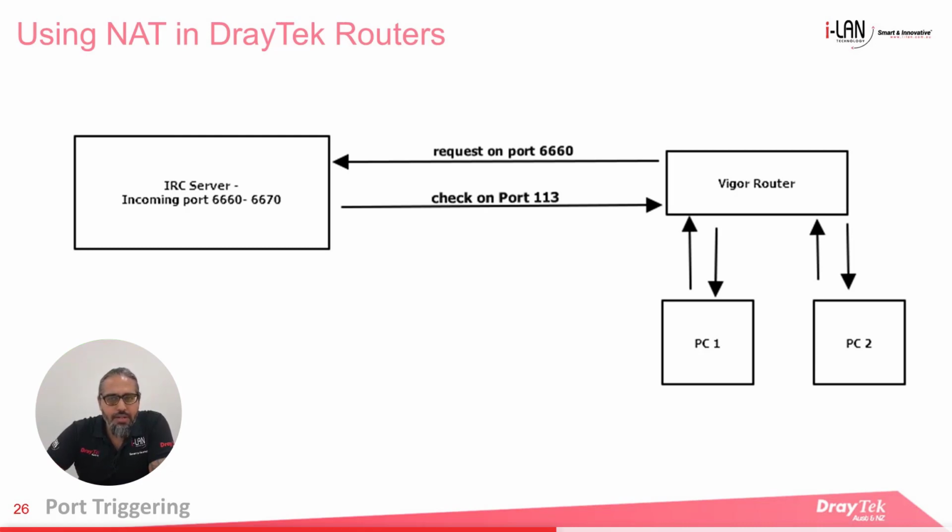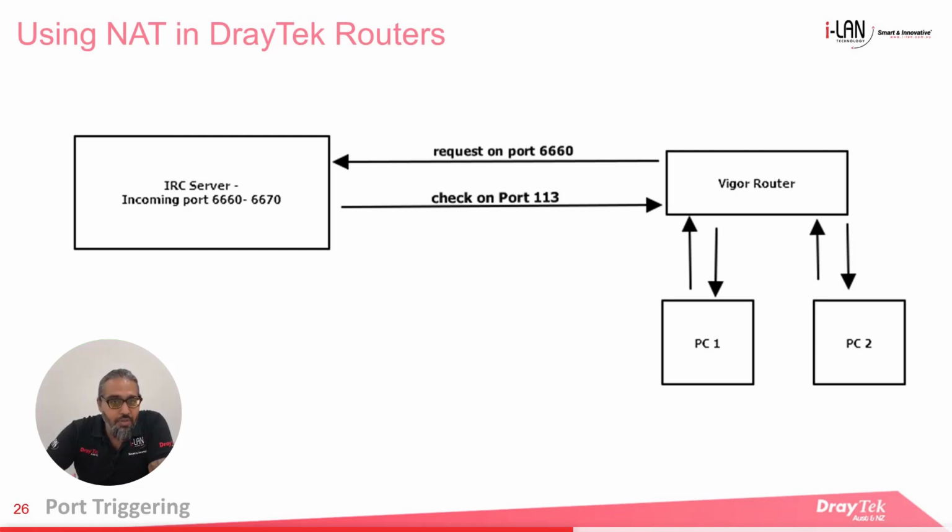When you log into IRC, you typically connect to the IRC server at a port in the range 6660 to 6670. To verify your username, the IRC server replies and makes a new incoming connection to your computer on port 113. This doesn't work if you're behind NAT because the router doesn't know which computer that packet is for. So it drops the packet and authentication to the IRC server can fail.